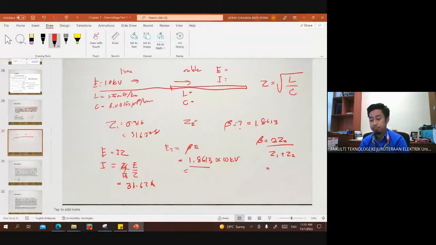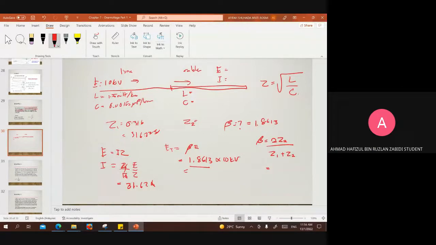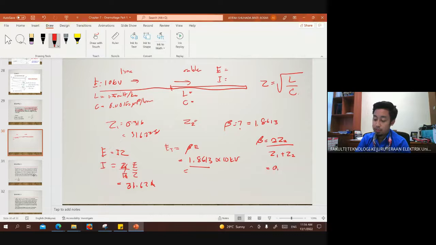Berapa? Sikit ni baru simple je ni, belum kita masuk yang hardcore sikit. 0.1387. So ganti balik dekat sini, kali dengan 10 kV. Dapat?